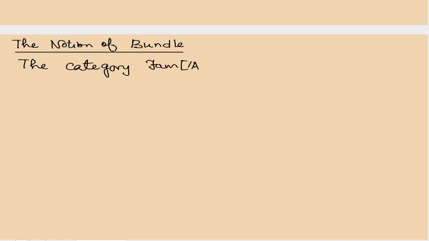The category of families of sets. So what are its objects?